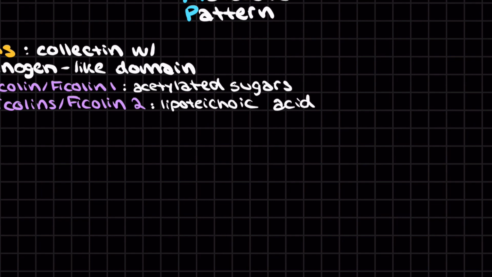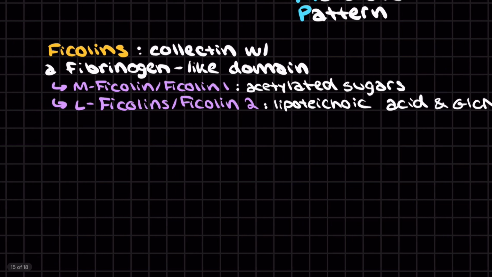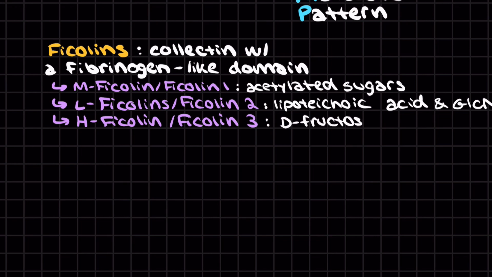And the same sugar we saw with MBL, our N-acetylglucosamine. So GlcNAc. The last type of ficolin is known as an H-ficolin. We also call it ficolin 3. And ficolin 3 binds D-fructose and galactose.